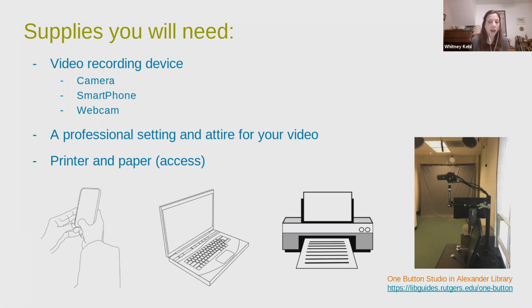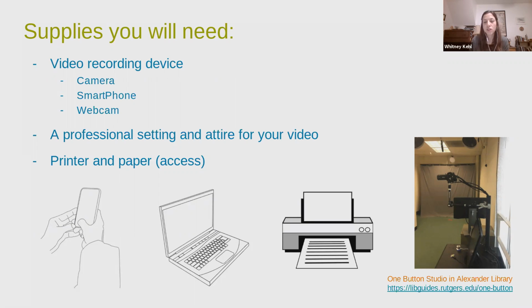And then down on the bottom right, I know that we are not able to go to campus right now, but in a couple of months, people will be coming back on campus a whole lot more. And I wanted to make you aware of this place called the One Button Studio in Alexander Library. So Alexander Library is the largest library on the College Avenue campus in Rutgers, New Brunswick.